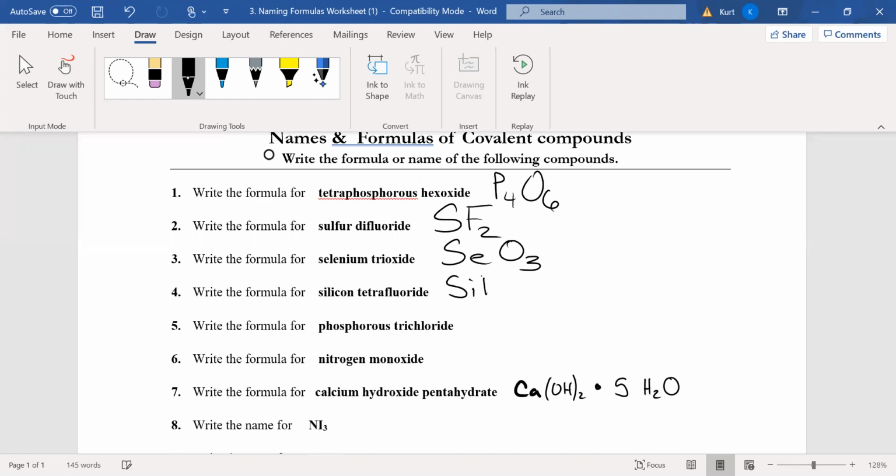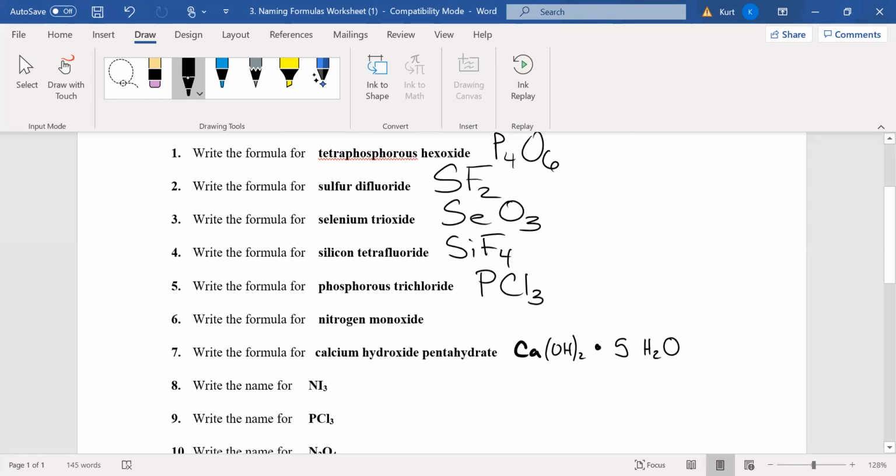SiF4. Colby, phosphorus trichloride. PCl3. And then nitrogen monoxide. Kendall. NO, nitrogen monoxide. Good. Any questions with writing the formulas?